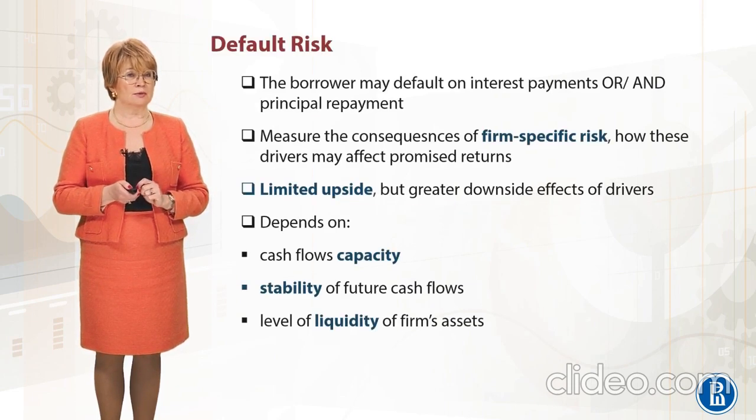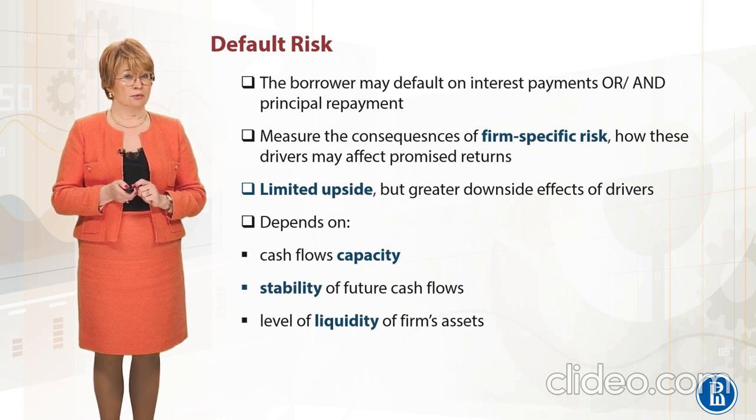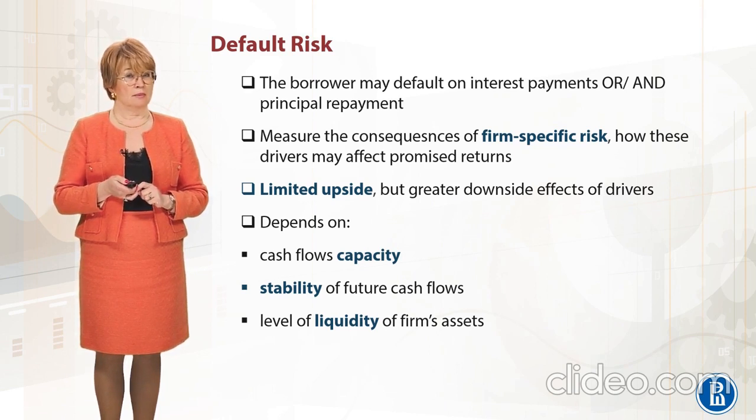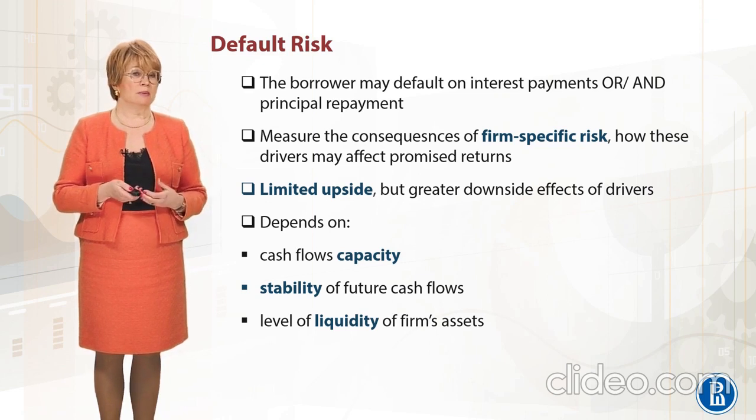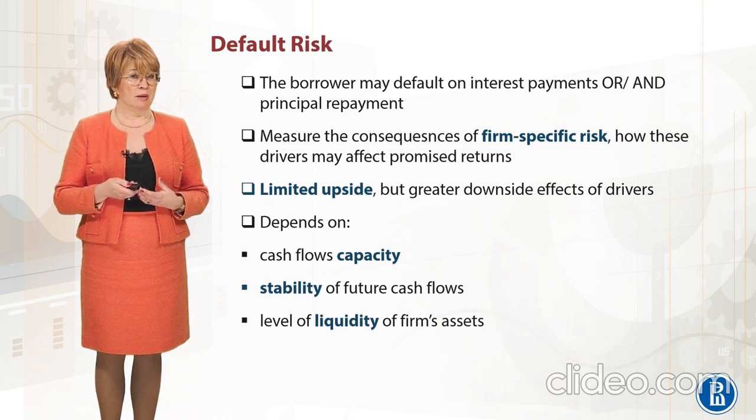So first, let's summarize what default risk is. It means that the borrower may default, not be capable of paying regular interest payments, or even not be capable of paying the principal amount of debt.